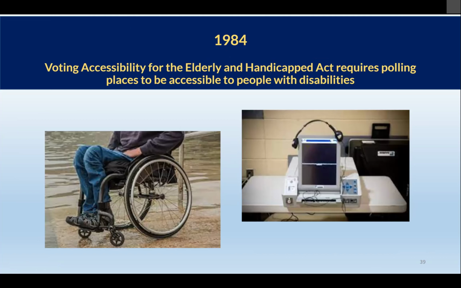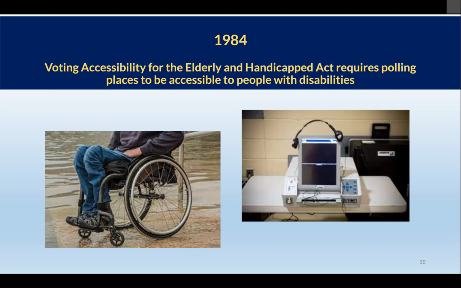Imagine using a wheelchair or walker and not being able to enter your polling place because there was no ramp, or the doors were too narrow, or too hard to open, or the pathway was obstructed and lacked proper signage. Or imagine being blind and encountering a voting machine that did not offer audio or large print ballots.